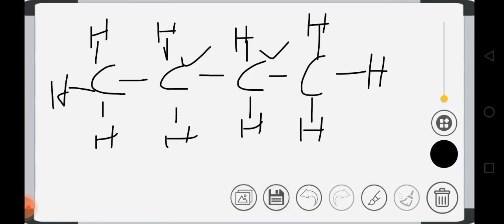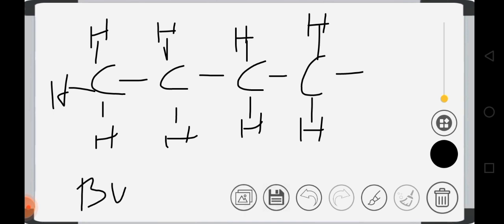So this is the normal way of writing it, but I will not be writing it this way because of space. So I will not be adding the hydrogen to it. If this compound, which is butane, loses 1 hydrogen, let me just remove 1 hydrogen. Let's say this hydrogen is gone. Automatically, if you remove 1 hydrogen from alkanes, it will become butyl.